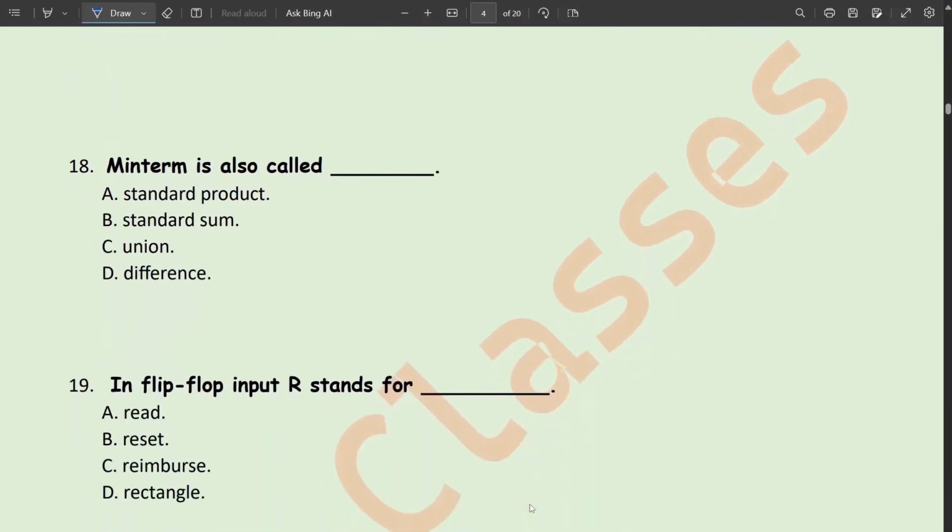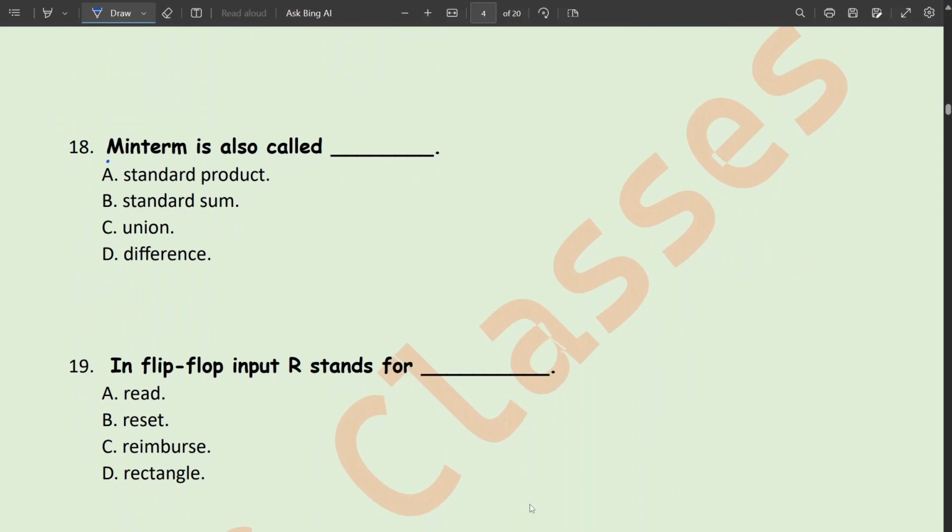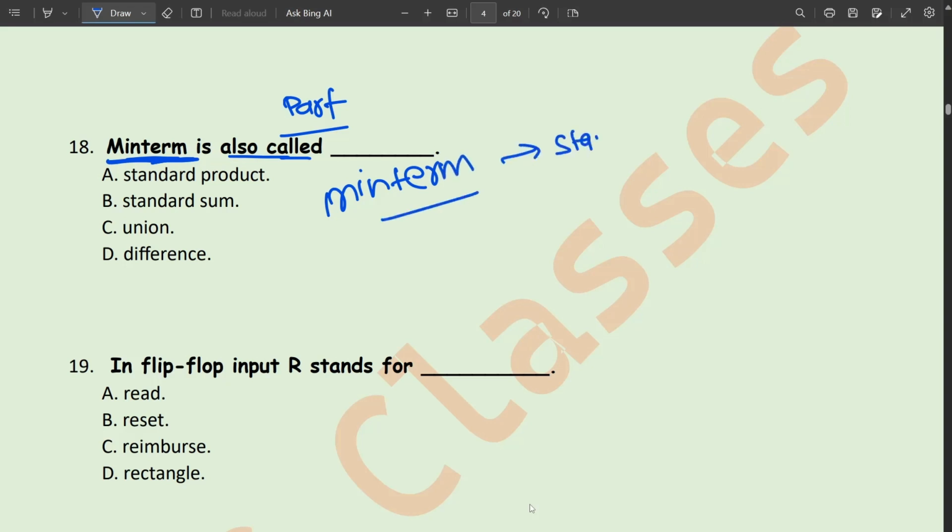Next, minterm is also called. We have discussed this in the previous video, part number 1. I told you that whenever you see minterm, your answer will be standard product, and whenever you see maxterm, the answer will be standard sum.